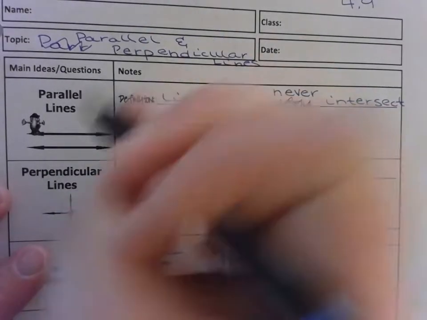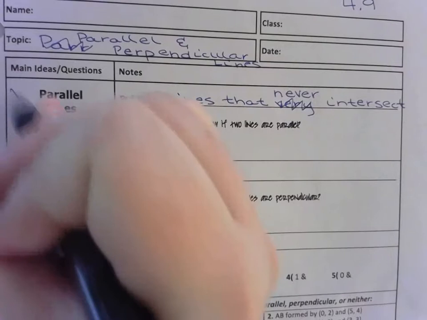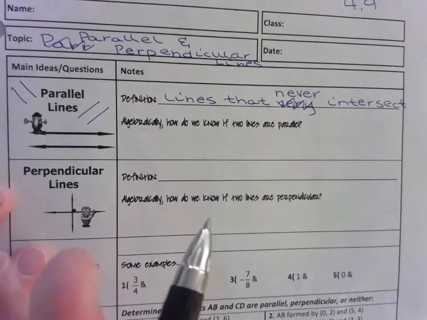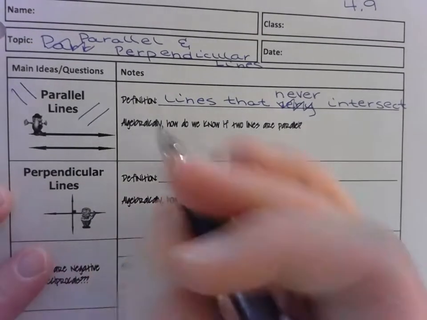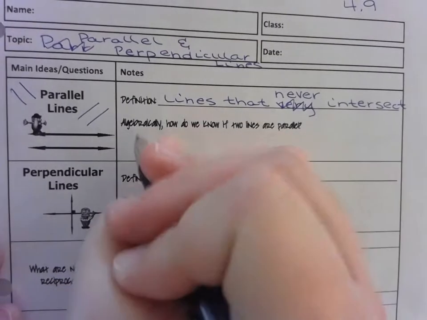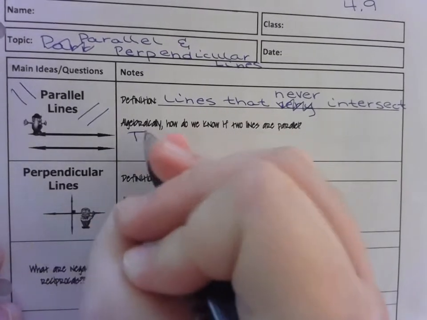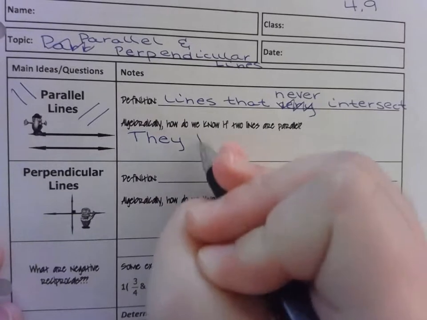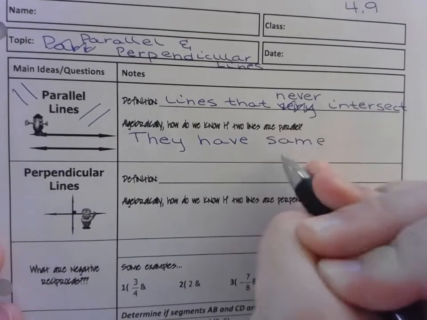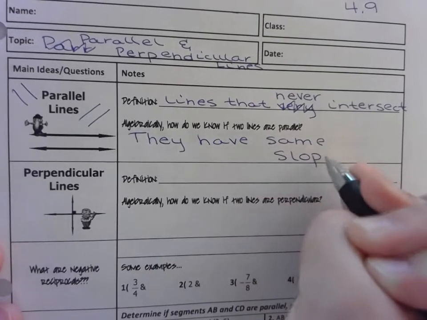But if I have parallel lines going like this, or like this, what do I know about the slope? They're never crossed, but what does that tell me about the slope? They are the same. We'll get to negative, positive in a second. But algebraically, they have the same slope. Which makes sense, because they have to have the same slope because they're never going to intersect.